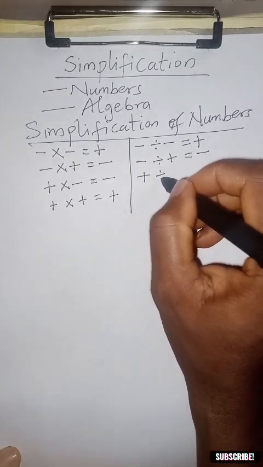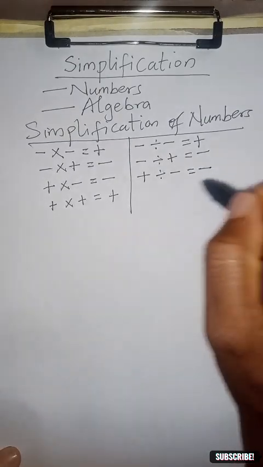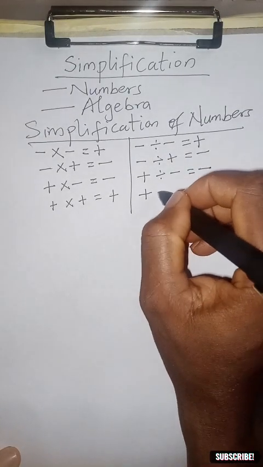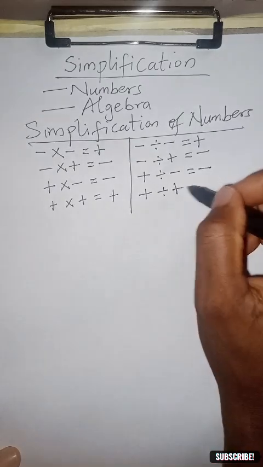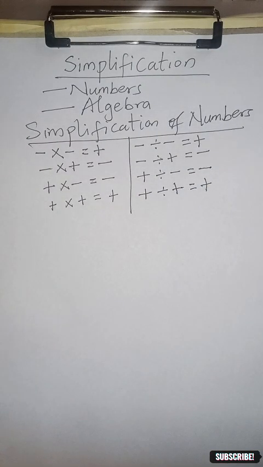Plus divide minus, it's minus. And plus divide plus, it's plus. So you could see whether you're multiplying or dividing two different signs, you get the same result.